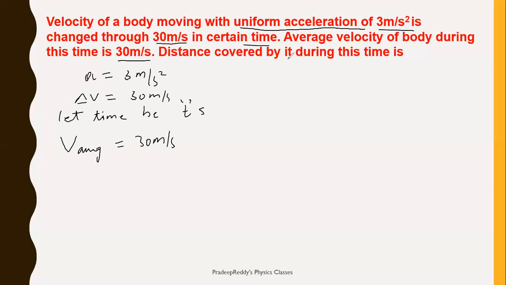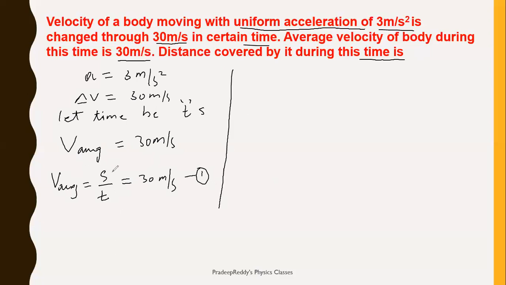Now find the distance covered by it during this particular time. You should find out the total distance covered in this time. As we know, V average is equal to total distance traveled divided by time taken. This is equal to 30 meter per second. Let this be equation 1. In order to find out S, you need to find out this T.